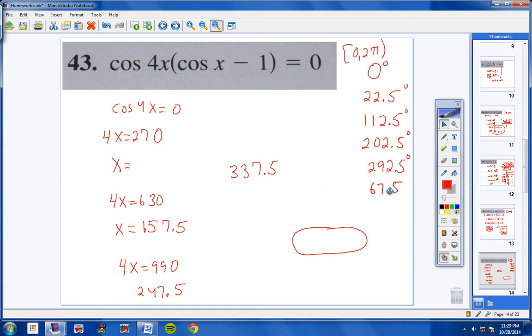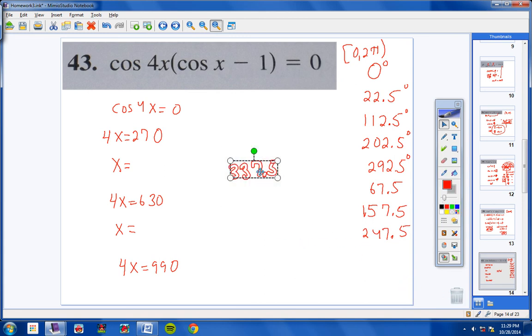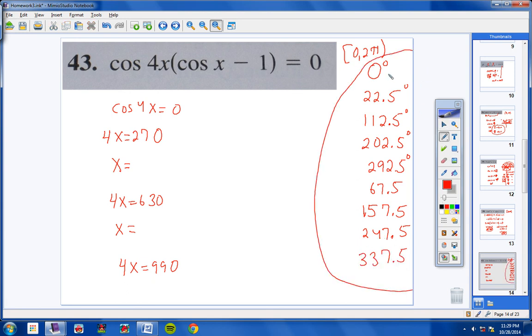There's one here, one there, one there, and one there. So how many answers did we end up with? Let's see here. 1, 2, 3, 4, 5, 6, 9 answers. Okay, so that's a tough one, but it's a good one. But that's how you would solve that equation.